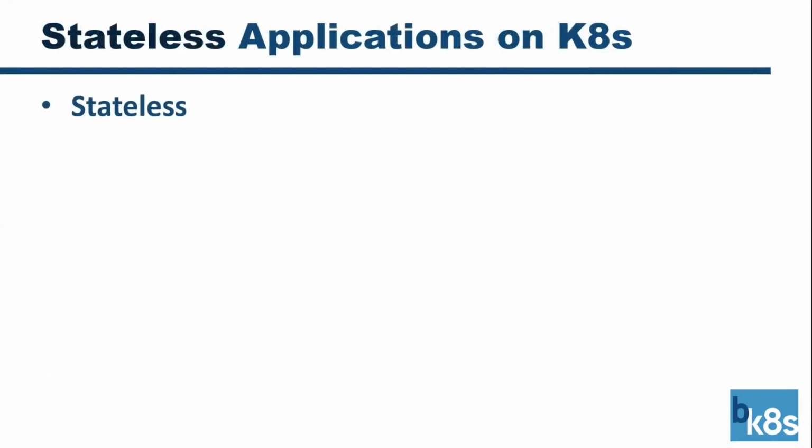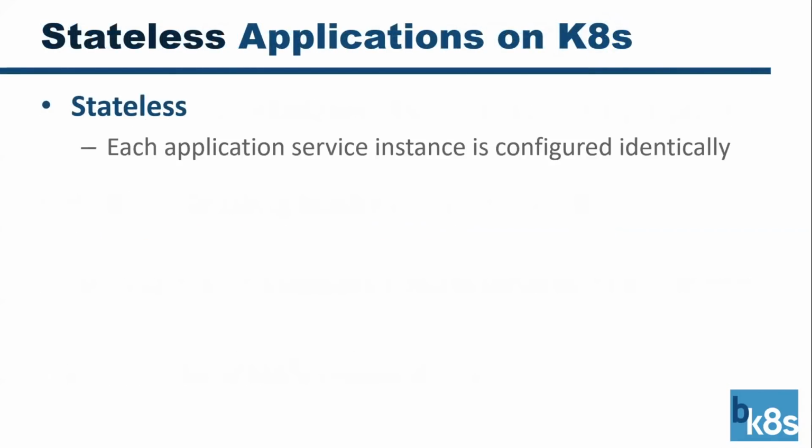When we say stateless application, what we mean is each application service instance is identical. So each container running an instance of a stateless service is identical to any other instance running that same service. They don't have a persistence or a configuration that is unique. Any information that they need to store and access is stored remotely.